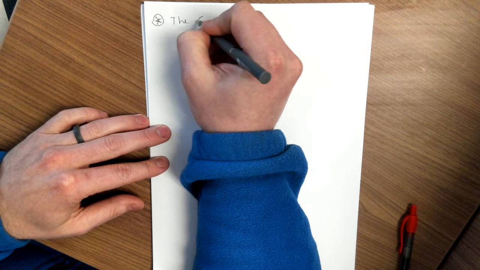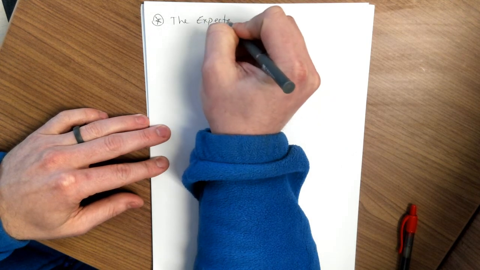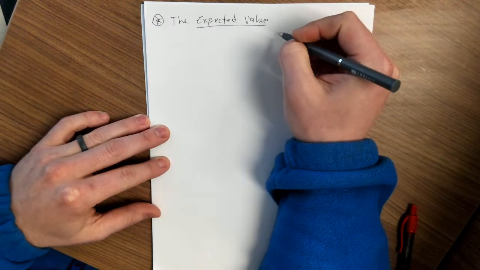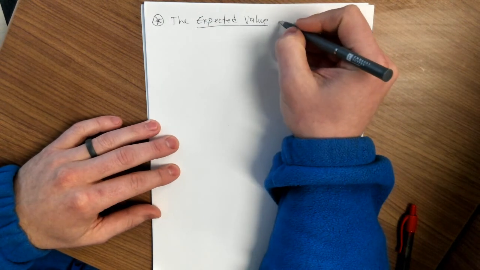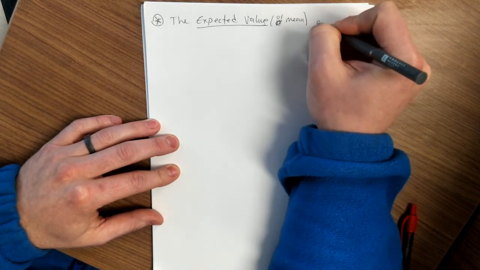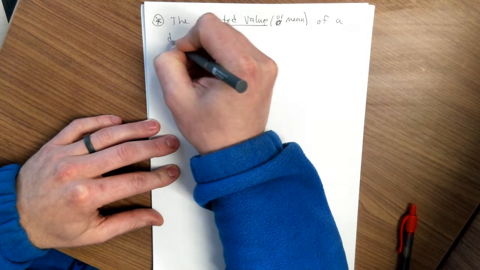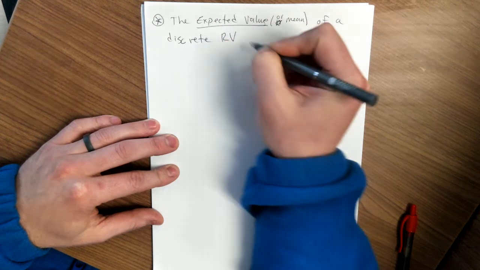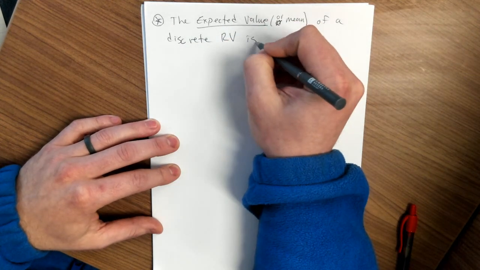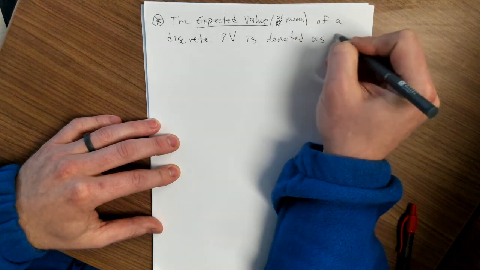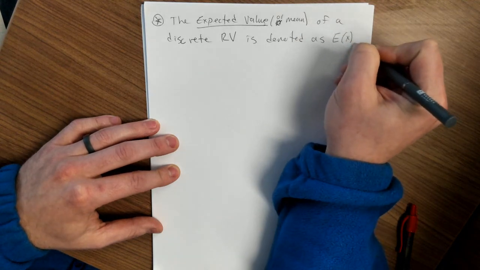The expected value, or mean, of a discrete random variable, RV, is denoted as capital E of x.